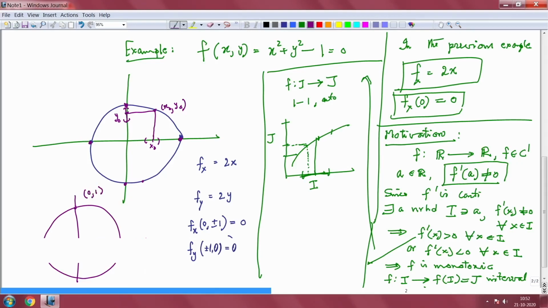Okay. So, if I look at this point, if I choose a neighborhood of the point on the y axis, so I am keeping x fixed, the x naught value is 0.